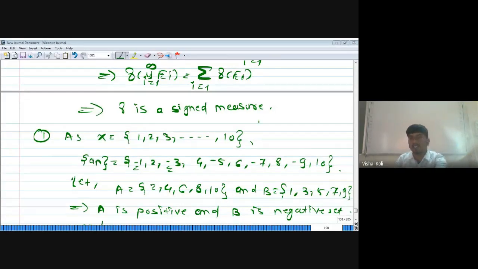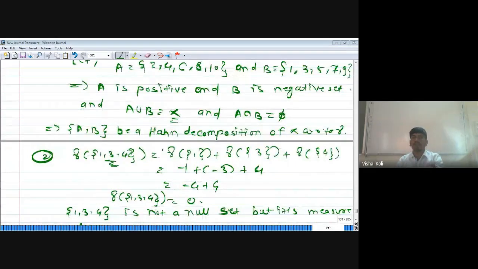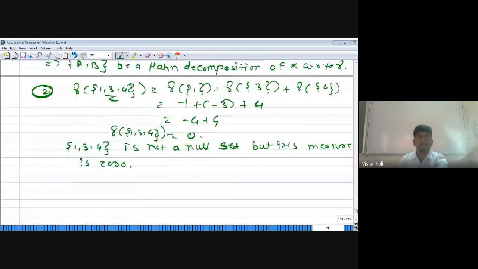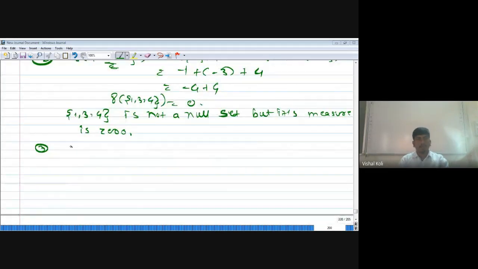But the curly B will be the power set of X, and phi is a subset of every set. Then the null set corresponding to the given signed measure and given terms of X, there is only one null set, which is phi. Okay. Phi is the only null set with respect to the signed measure gamma, and hence the result.